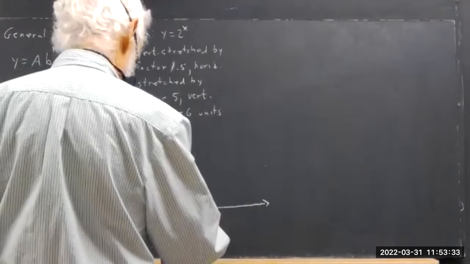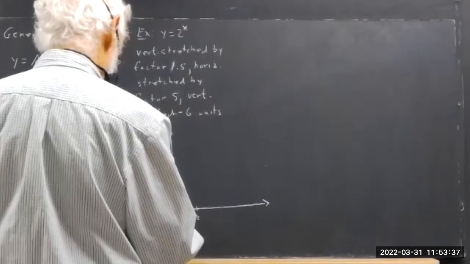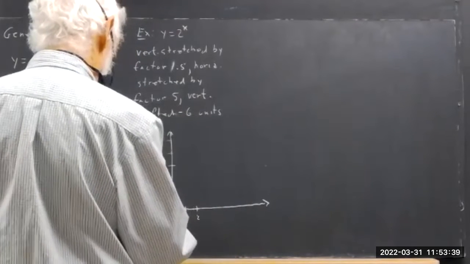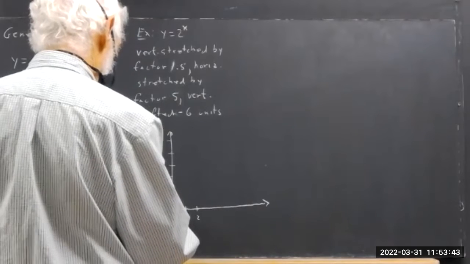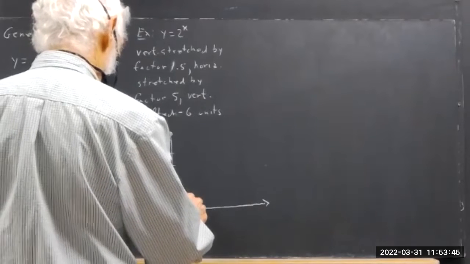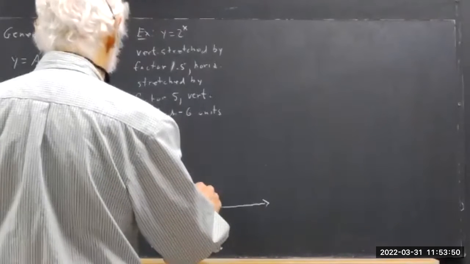So this is going to be 1. This is going to be 2. I have -1 here, -2 here. So you're going to have points like down here, here, here, here, and here.